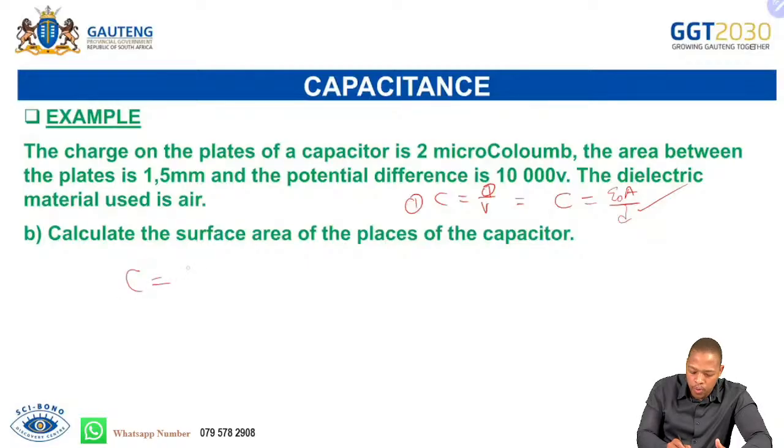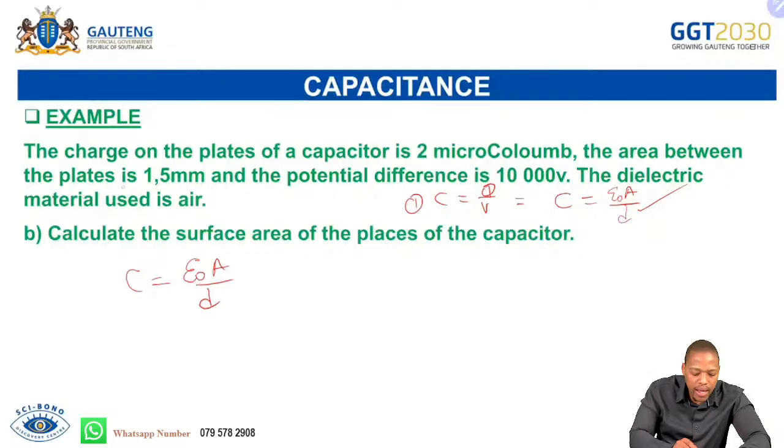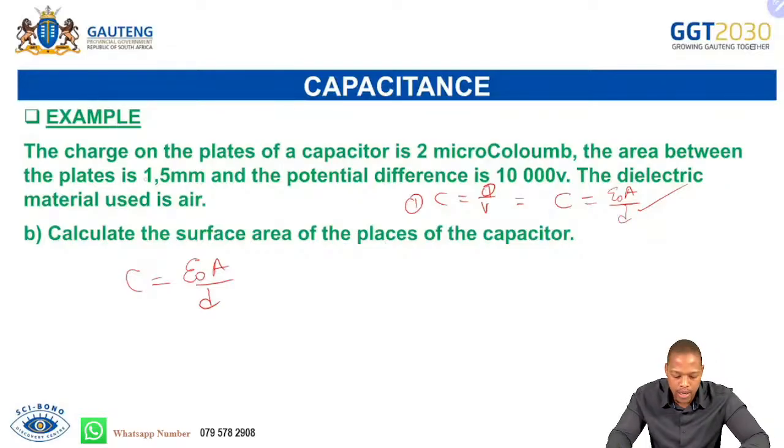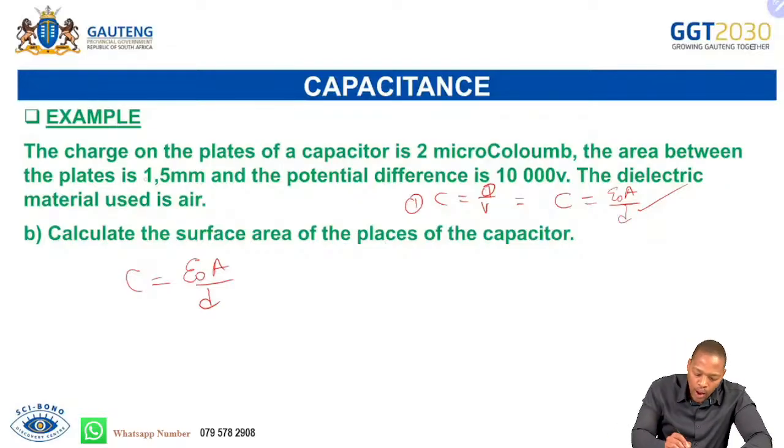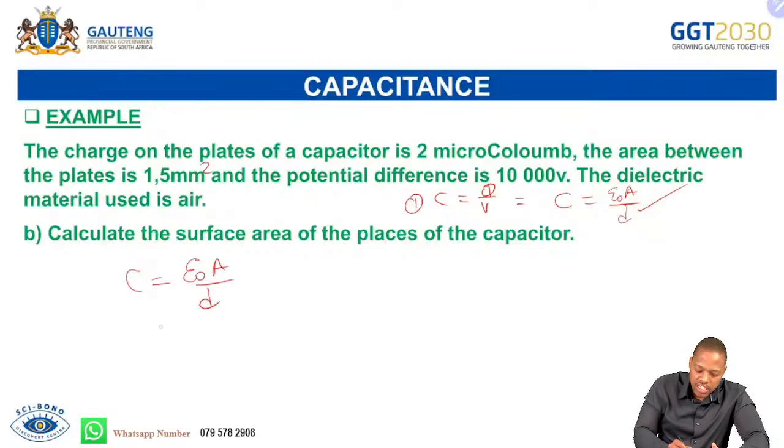Then we are going to choose this one. C is equals to E naught A over D. Very important to write the formula as it is given. Now we are being told that the area between the plate is 1.5 square millimeters. Okay, another mistake here, because this is the area between the plates. The potential difference is 10,000 volts, and the A is using the dielectric.